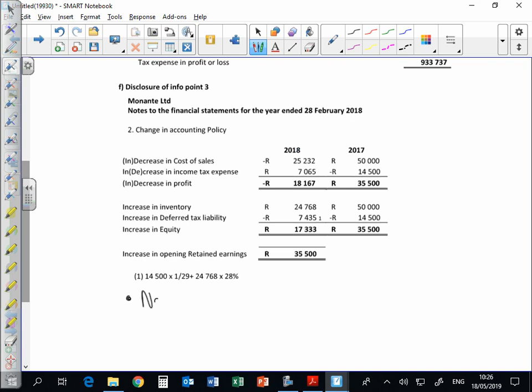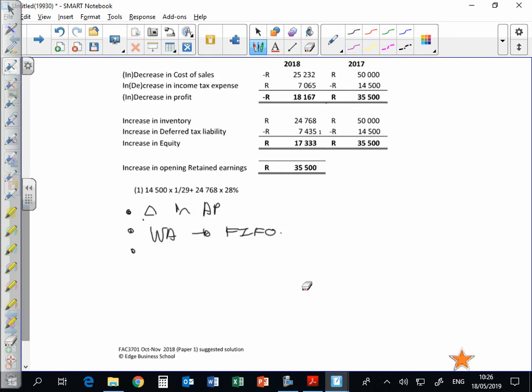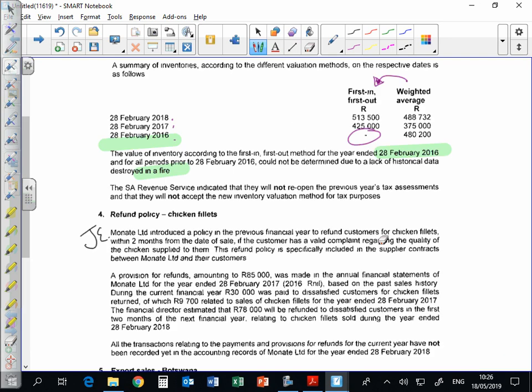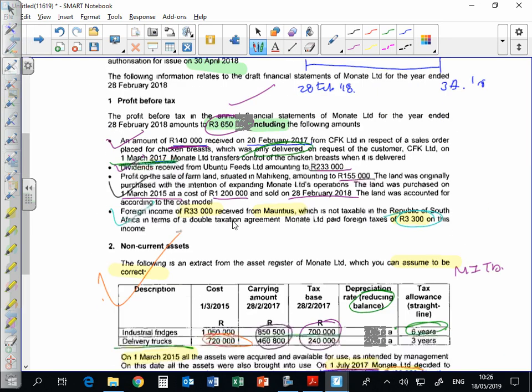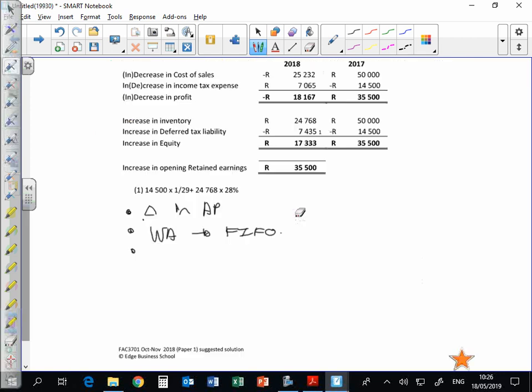You have to put the nature. Let me quickly just jot down the few things that will be in here. You will say that there was a change in accounting policy during the current year. You will say that we went from weighted average to the first in, first out method. We would then say that this was because, what did they tell us? Why did we do this? They said that we changed so that we can have a more appropriate estimate of the value of inventory.